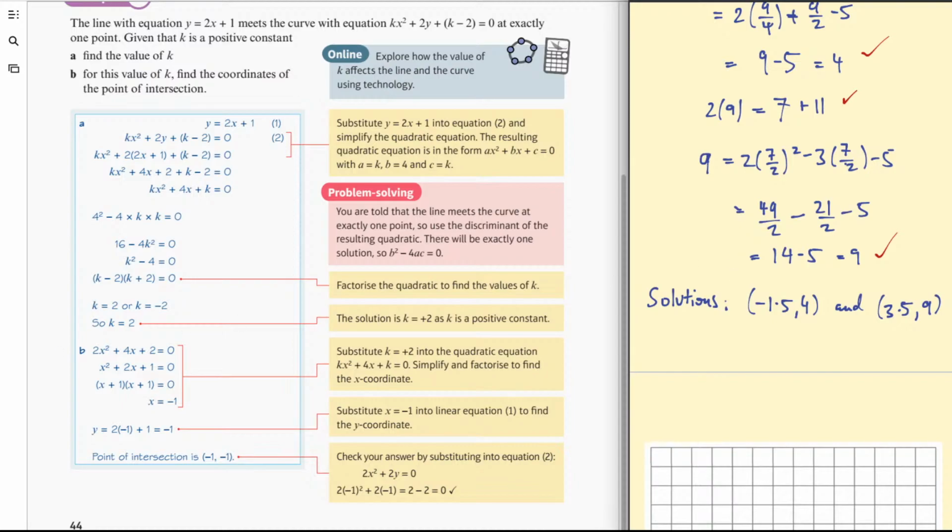I'm just going to go searching for a minute, looking for an exam question that involved graphing simultaneous equations. So just bear with me for a minute if I can find one.